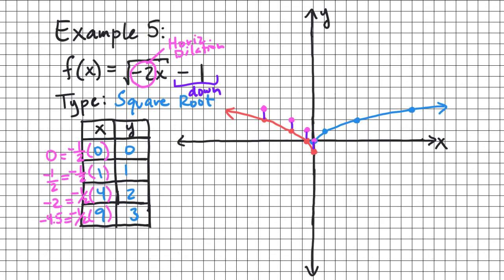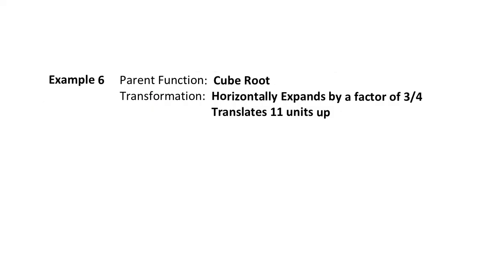Okay. So now let's go to example 6, and this is the one that I said was a little bit different. We have to create an equation, and so it's kind of like what we were doing in the mass reconnect. So cube root, it's the 3 with the square root symbol, right?